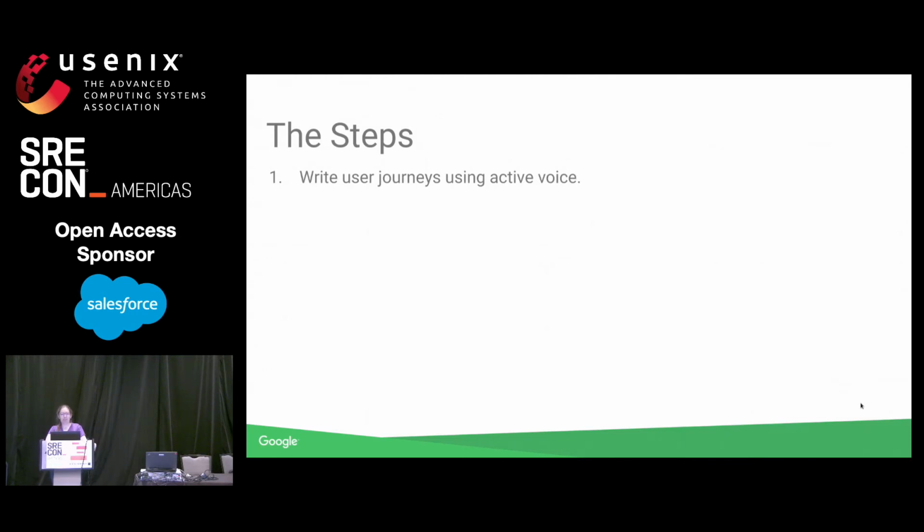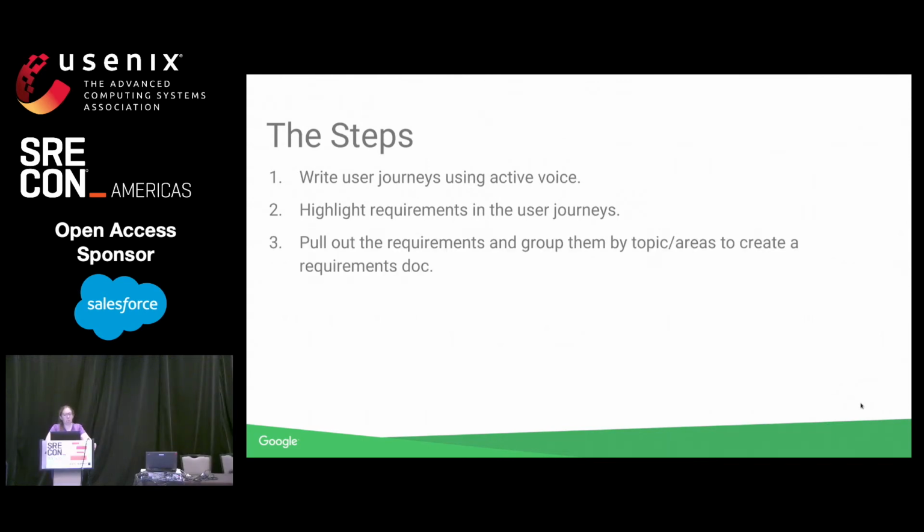Get it reviewed. Highlight requirements. Make sure all requirements are highlighted. Pull out the requirements and group them by topic or area. And when you pull them out, you should create a requirements document, because this way you can use it in the future as you continue on, as I will note.